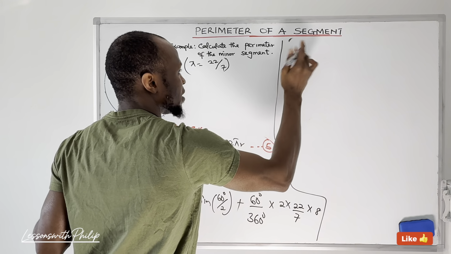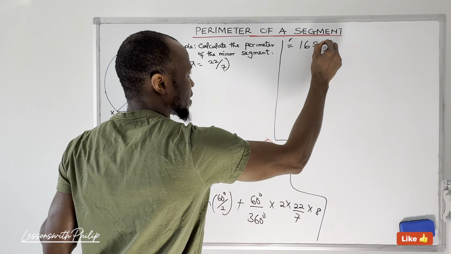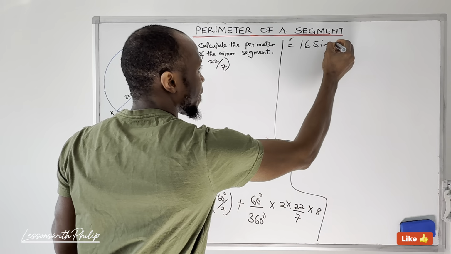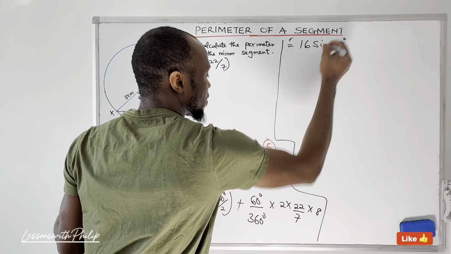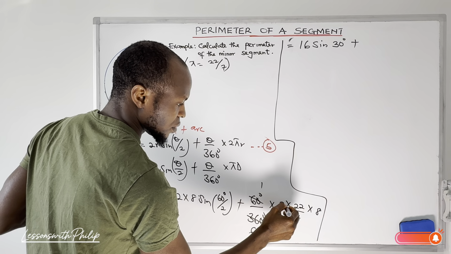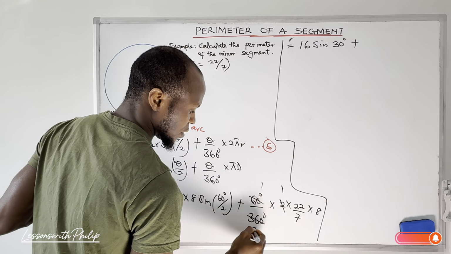I have 16 sine 60 divided by 2, which is 30 degrees, plus, simplifying 60 over 360 and 2 gives 22 times 8 divided by 3 times 7. 22 times 8 gives me 176.